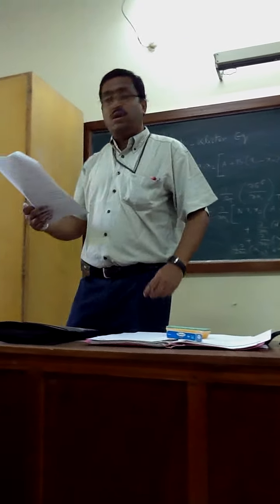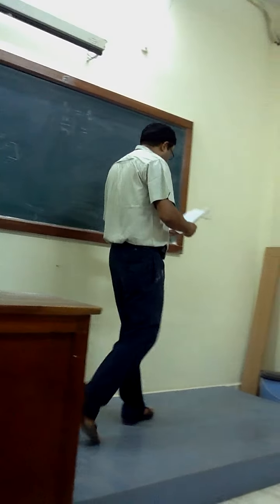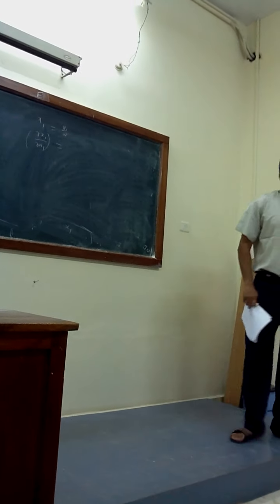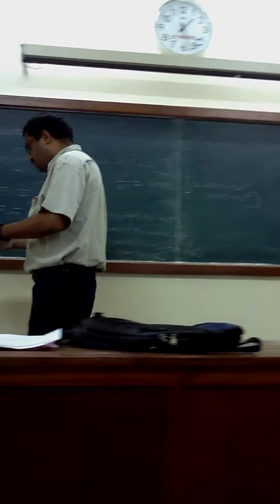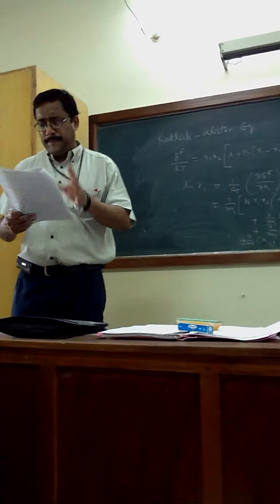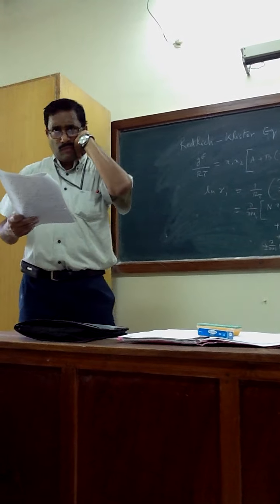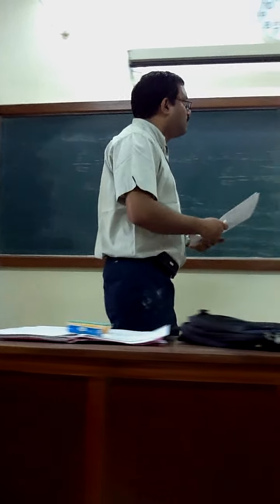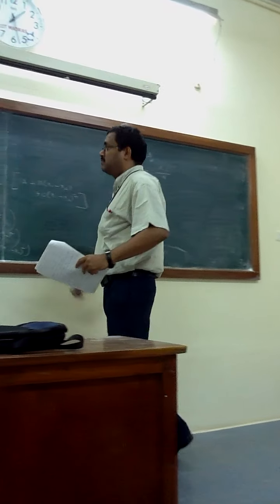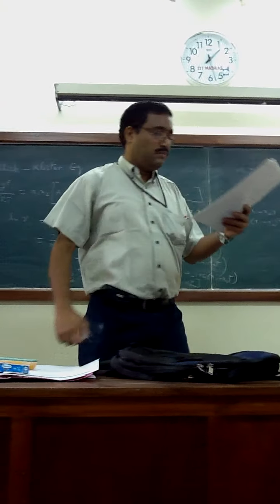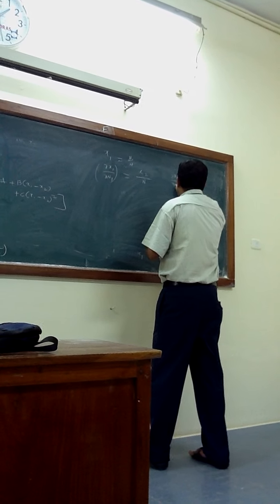In more simplified form, x2 by n. Dou x2 by dou n1, how much is it coming?